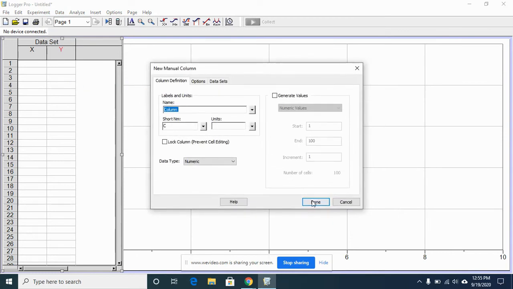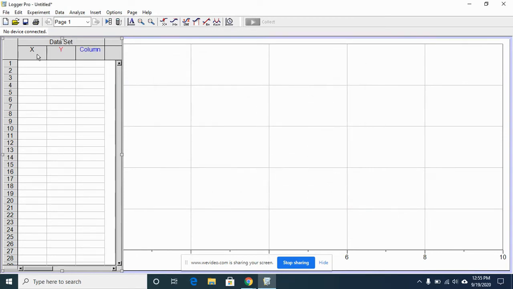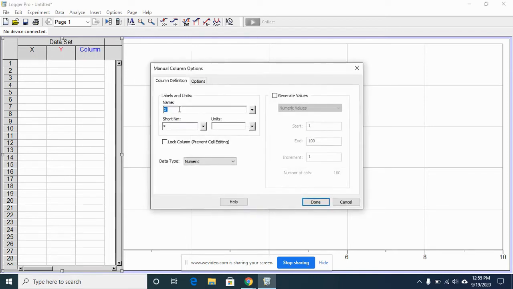We'll name these later. So X, because it's the first column on the data sheet, will be the initial volume in the graduated cylinder. You double click at the heading to get the options. We have a long name, the initial volume. The short name, I'm going to put V sub I for initial volume.